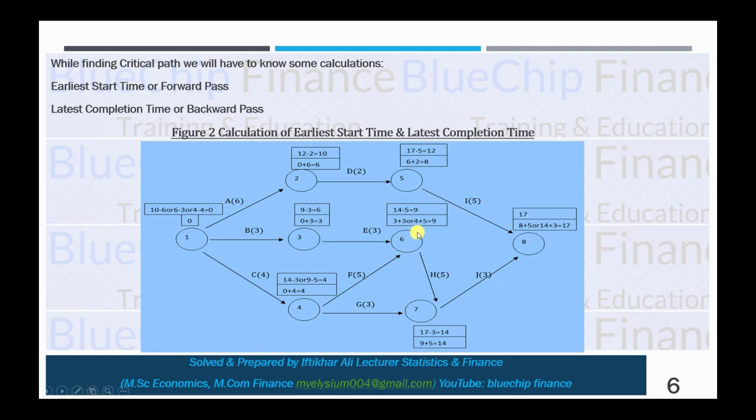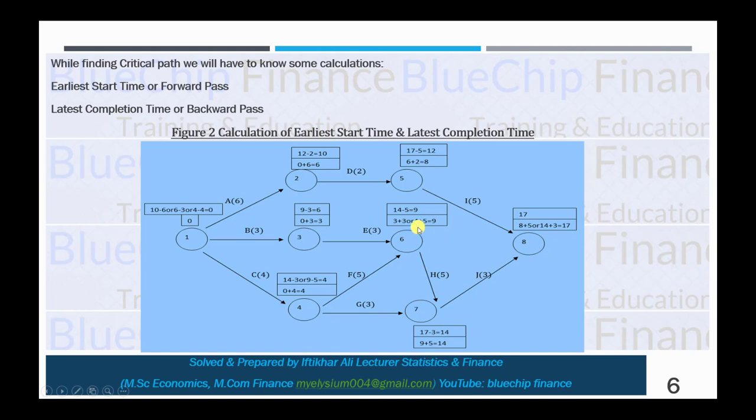So that is why we focus on 4 plus 5. And similarly here, 9 plus 5 equals 14. But if we take from here, then 4 plus 3 equals 7. So that is why 4 plus 3 is ignored here. So 9 plus 5 equals 14, and 14 plus 3 equals 17. So that is the way that we can calculate earliest start time or forward pass.